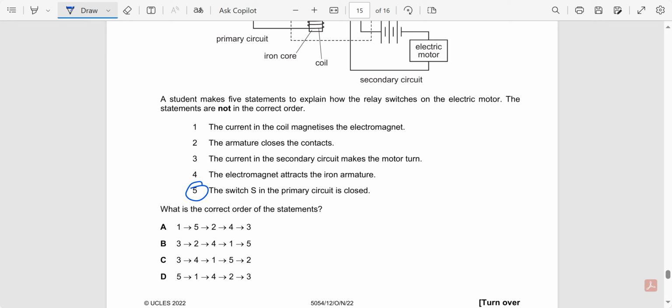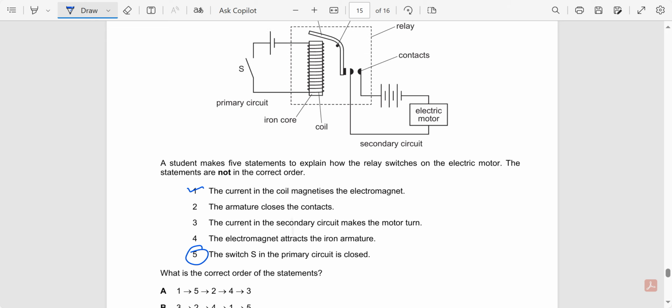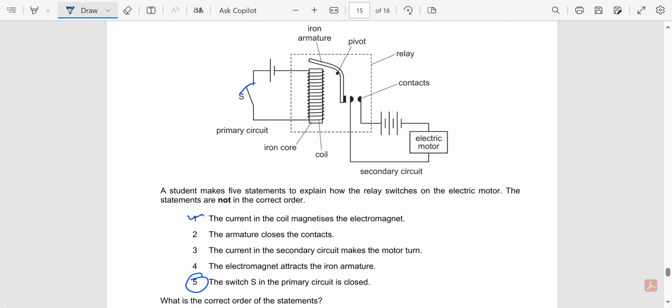So there is only one option which starts with 5, which is D. After the switch is closed, this will magnetize this, the armature will get attracted, the armature will join the contacts, and the motor will get switched on.